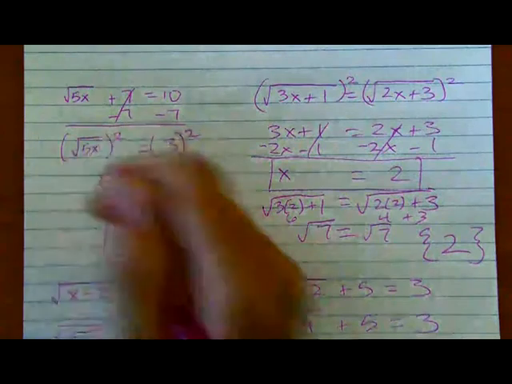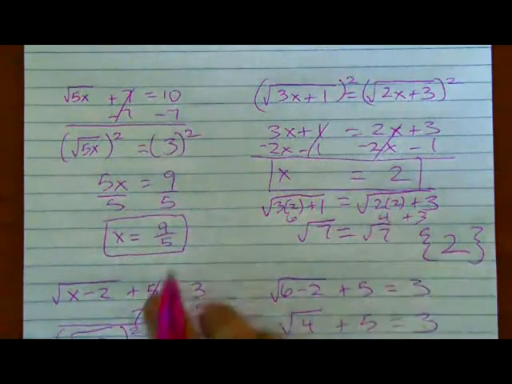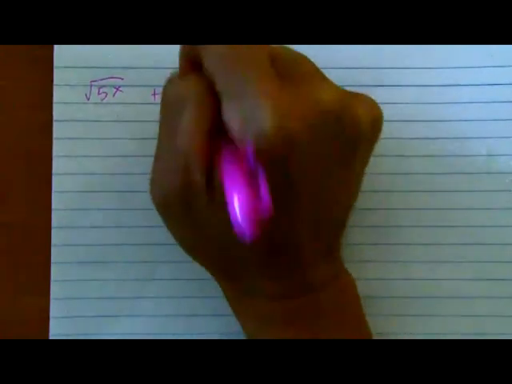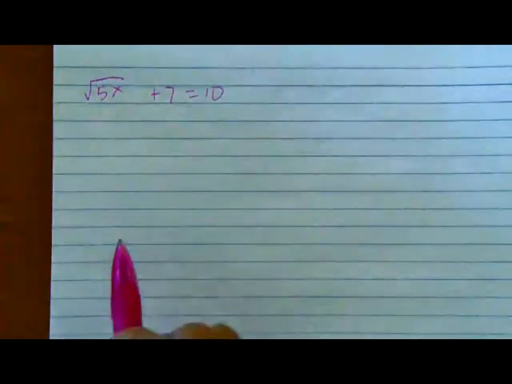We can do this one as well. The equation was radical 5x plus 7 equals 10. The solution we got was 9/5.